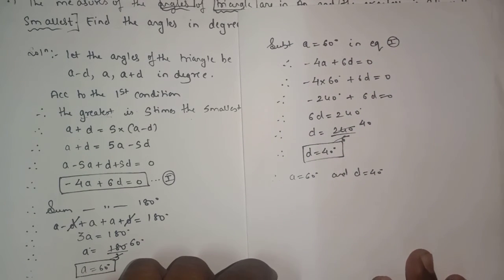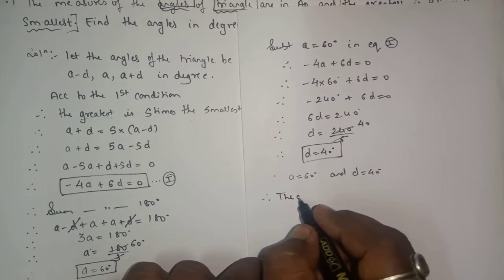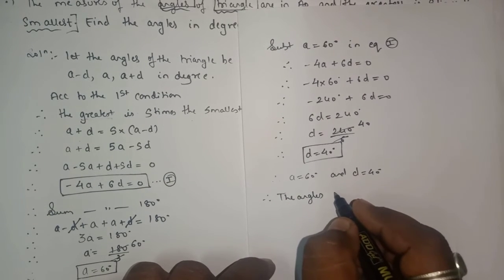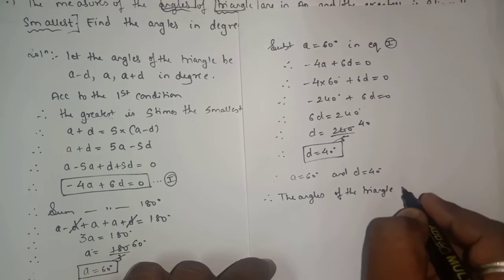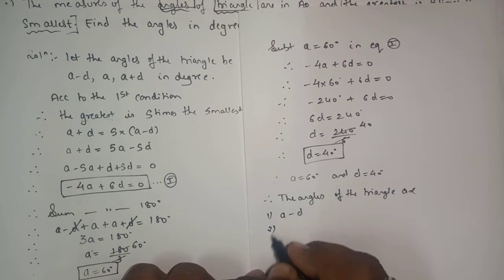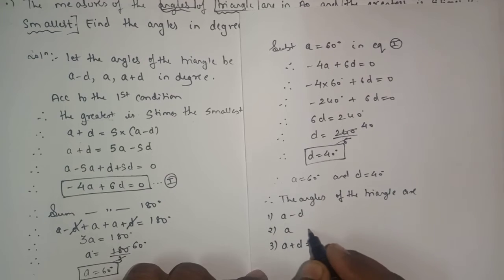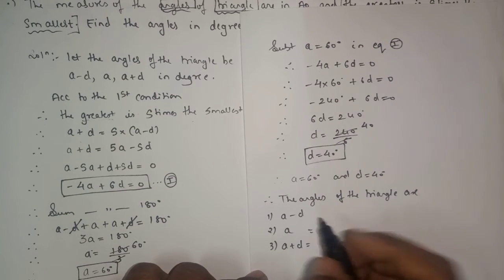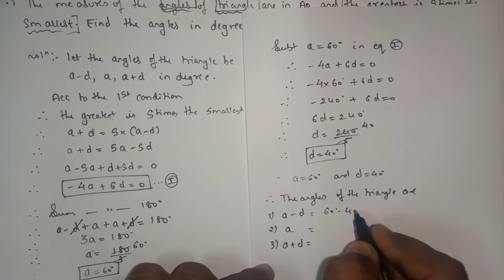So first we'll find the angles of the triangle here. So the angles of the triangle are, the first one is what? A minus D. The second one it is A. The third one it is A plus D. Okay. So 60 minus 40.